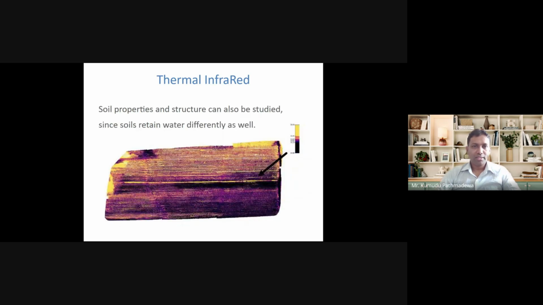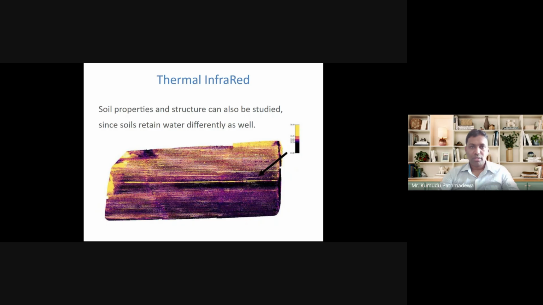So as you can see, soil properties and structure can also be studied. This is one image taken from a thermal camera. This area is low in thermal reflectance, and those areas are high in thermal reflectance.